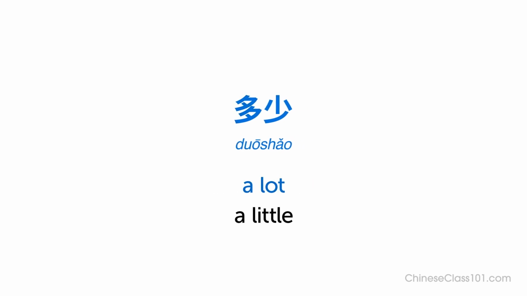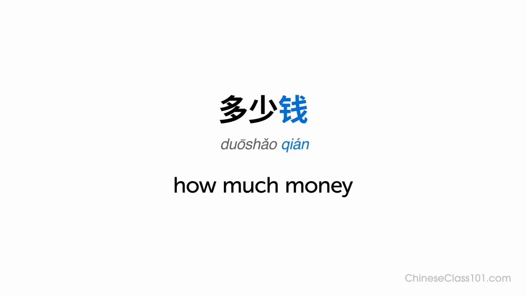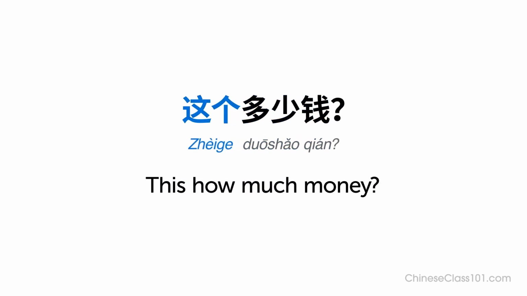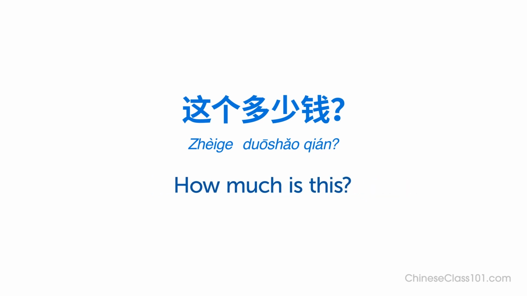So you could think of it like a lot or a little money, but it translates as how much. Next is 钱, money. Together 多少钱 means how much money or how much. Altogether 这个多少钱 literally means this how much money, but translates as how much is this?